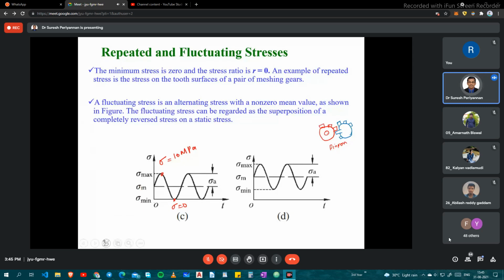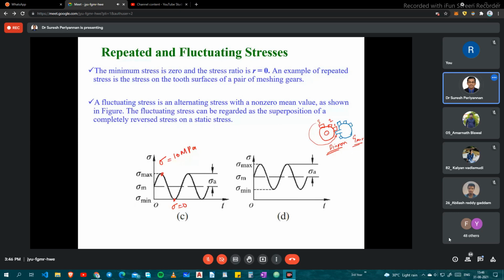Now see here, this gear tooth number 1 is subjected to either compressive or tensile stress, whatever. It is now subjected to some stress, but number 2 is idle, so 0 stress is acting in the teeth. Number 3 also has 0 stress acting in the teeth. After some time, number 2 will come here again. Some of the gear teeth are engaged with the pinion teeth, right?